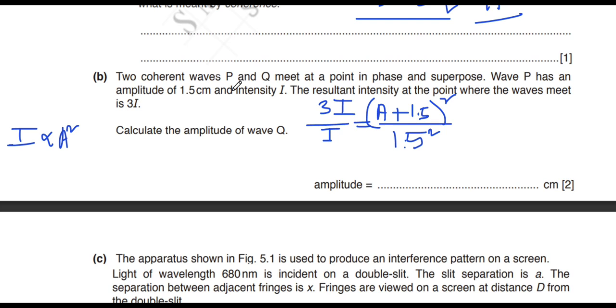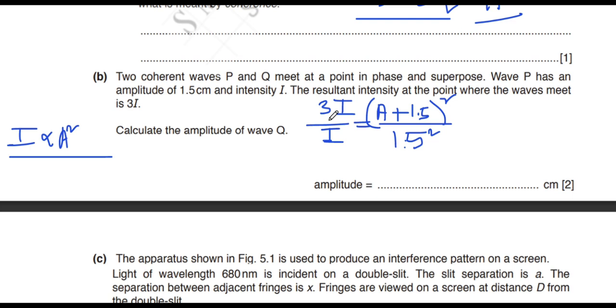So we need to find out the amplitude of wave Q. Now remember that the resultant wave is found by adding the amplitudes. So when intensity was I, the amplitude was 1.5. And why is it squared? Because we have studied in the previous wave chapter that intensity is the square of amplitude.